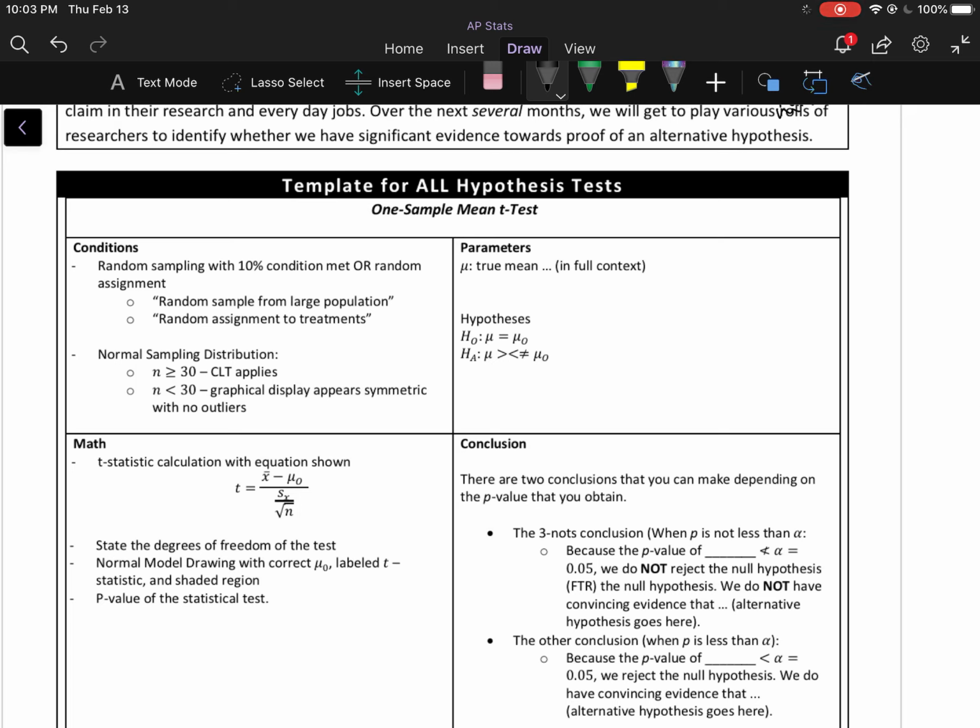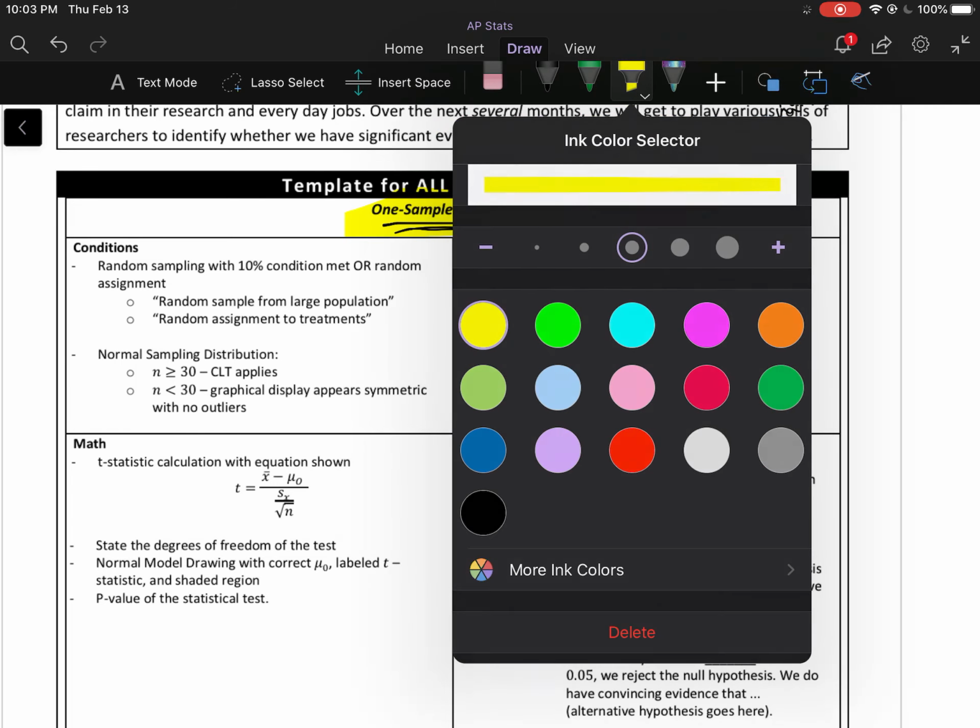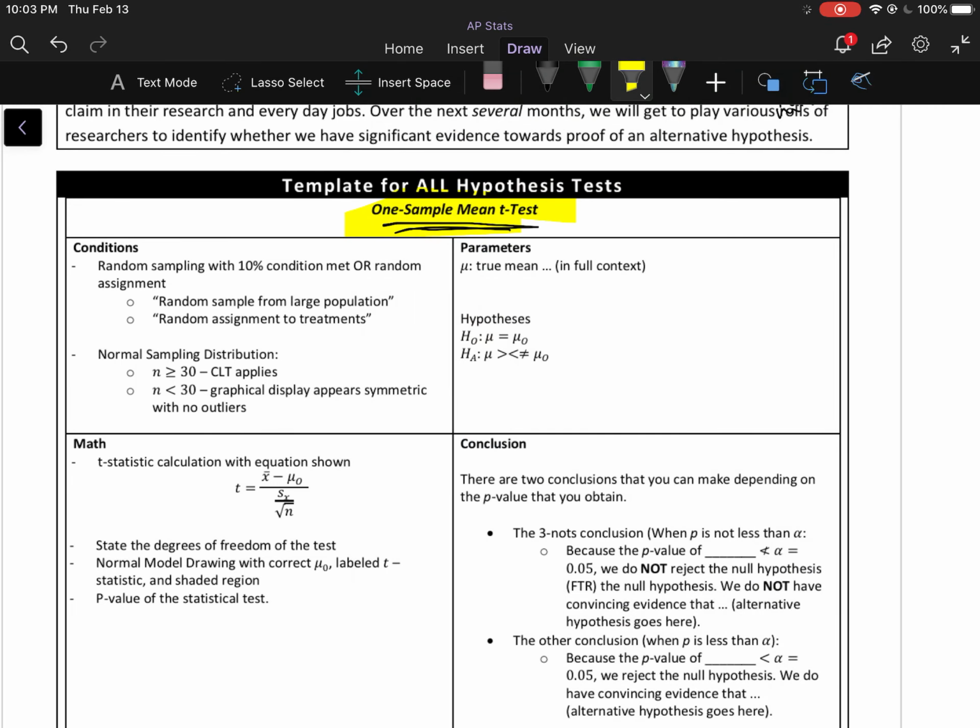This template right here is for a one sample mean t-test. Every time you do one of these tests, whether it's a z-score distribution, a one sample mean t-test, or later on a two sample mean t-test, you need to write the test at the top. So we need to name the test. There's two ways that you can name the test.